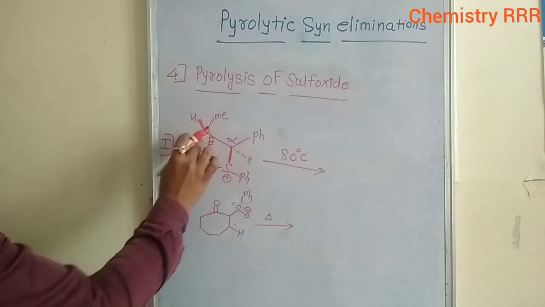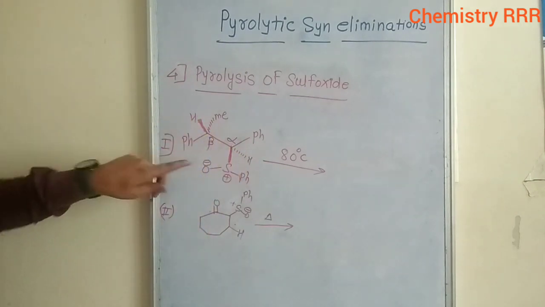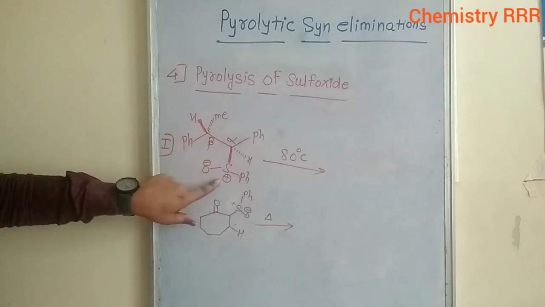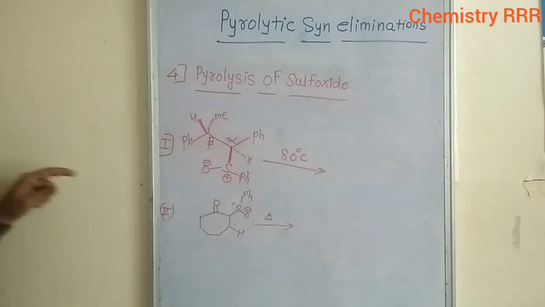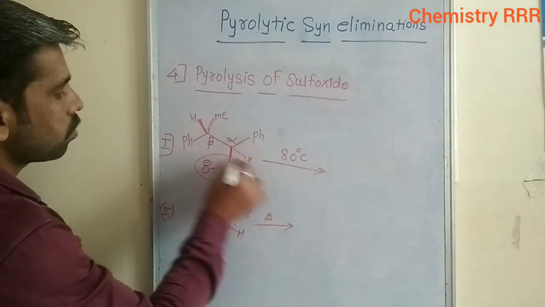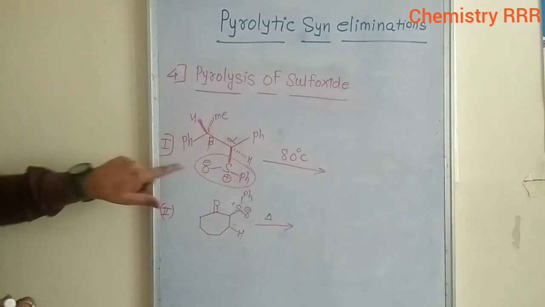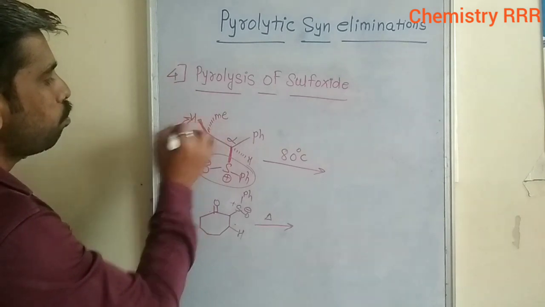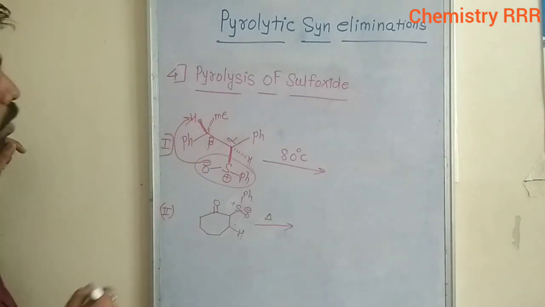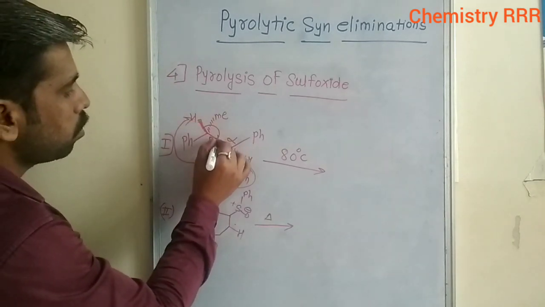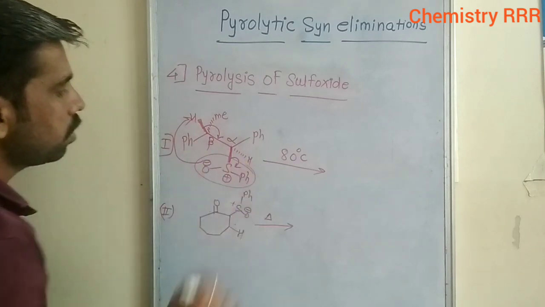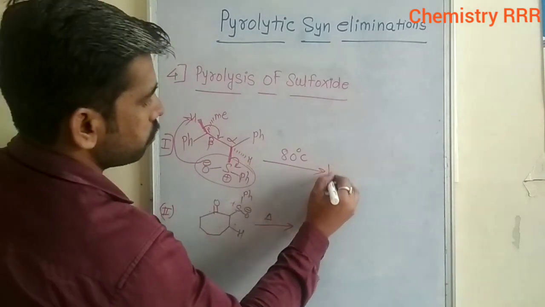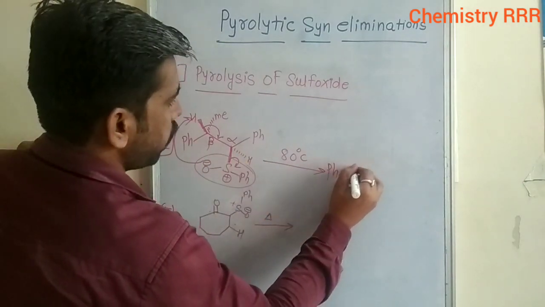So the beta hydrogen is cis to the leaving group, okay, or eliminating group. So there is involvement of the 5-member transition state, and via the concerted mechanism we get elimination product like this.